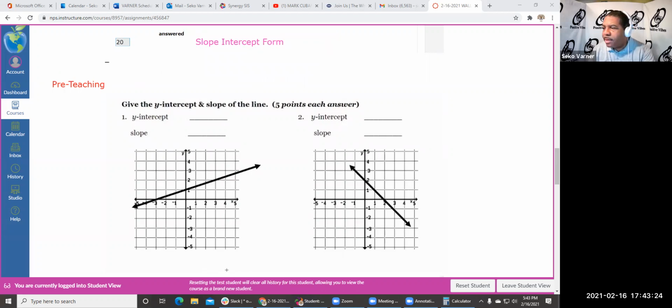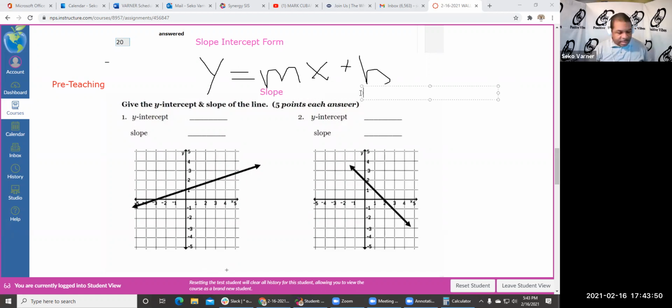All right, so what is slope intercept form? Well, slope intercept form is going to look like y equals mx plus b. Now, here's the interesting information. The m is your slope, right?